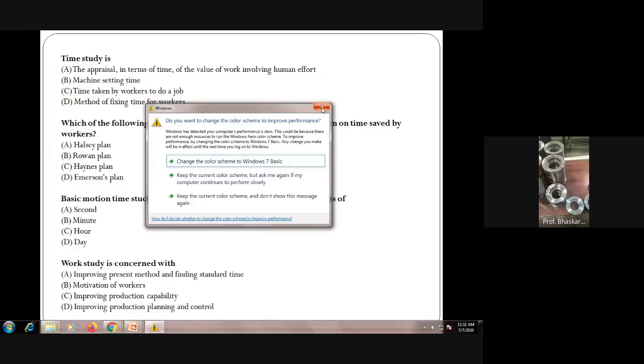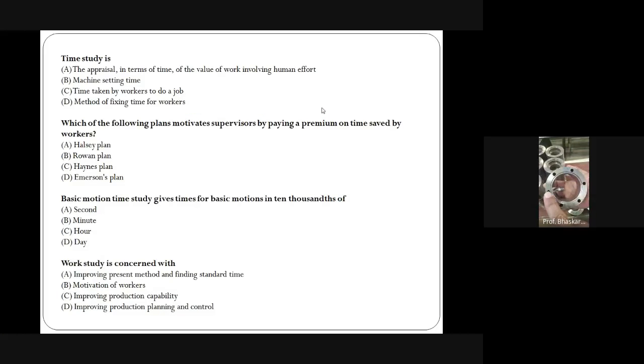See, one more job is there. Here there are one, two, three, four, five, six holes. So how much time is required to manufacture these holes? Deciding the standard time for manufacturing of this job is called work measurement.